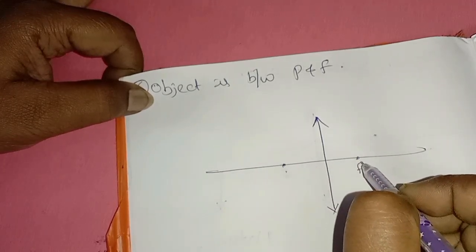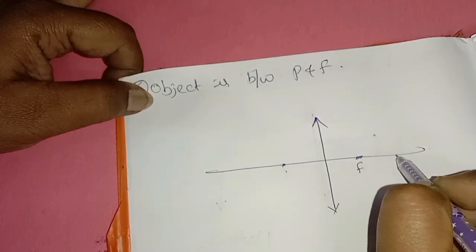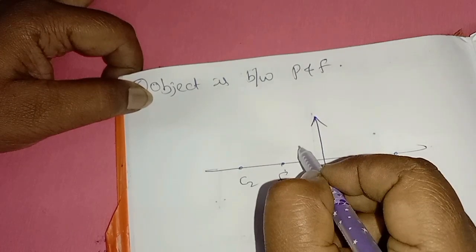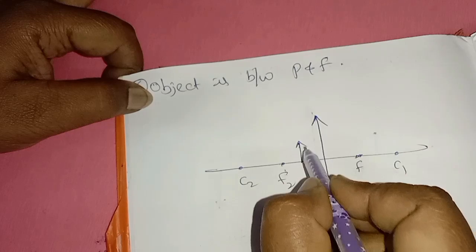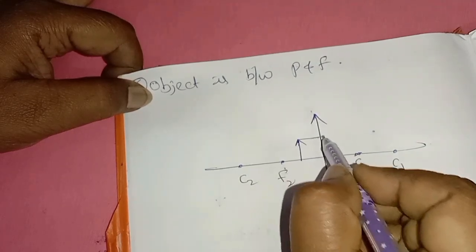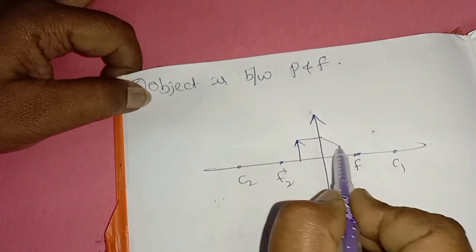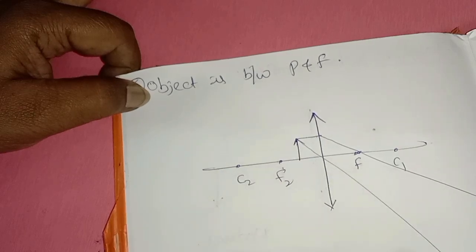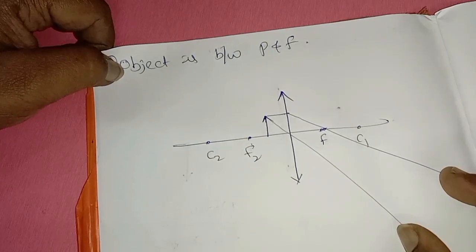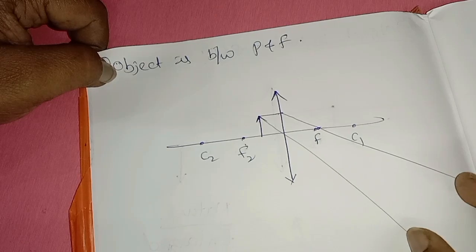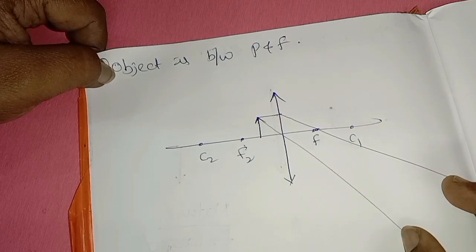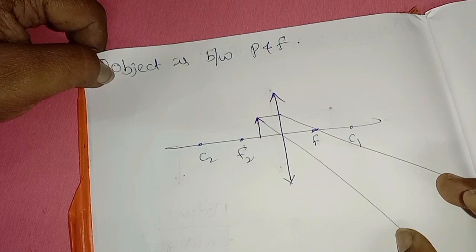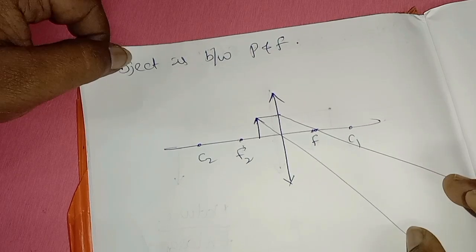F1, C1, F2, C2. The object is here. Any light ray passing parallel to the principal axis refracts through focus. Any light ray passing through the optic center will not deviate. So these two rays will not meet anywhere. They look like diverging rays, they are diverging rays only.